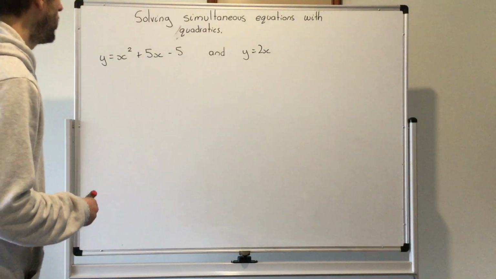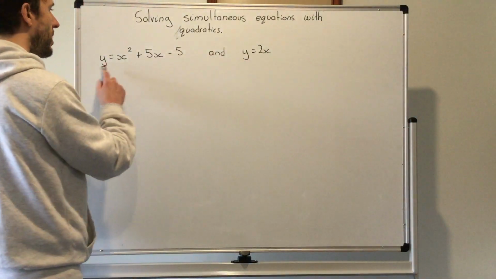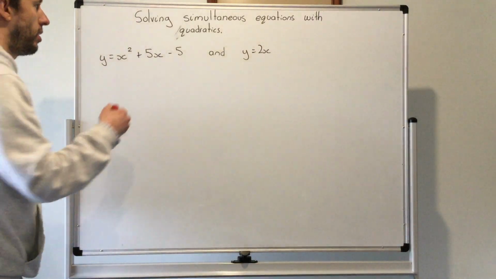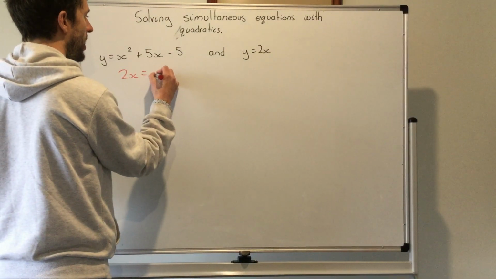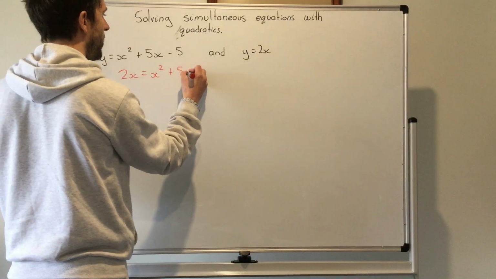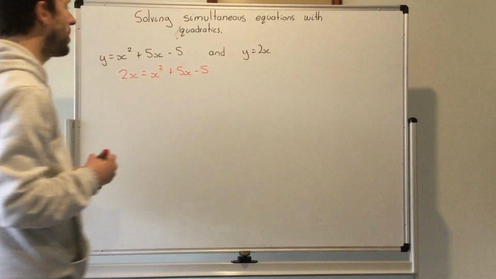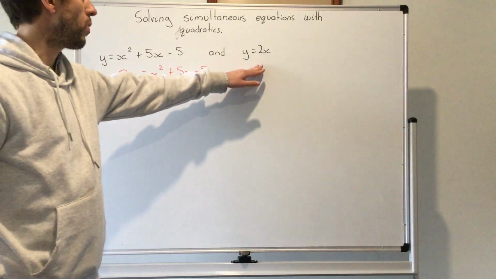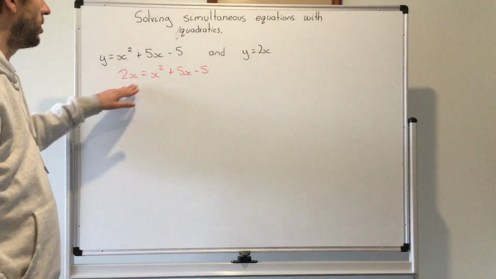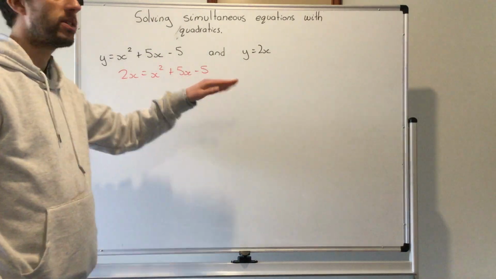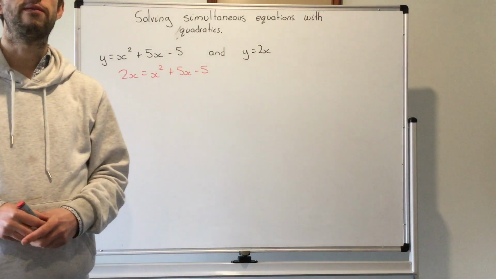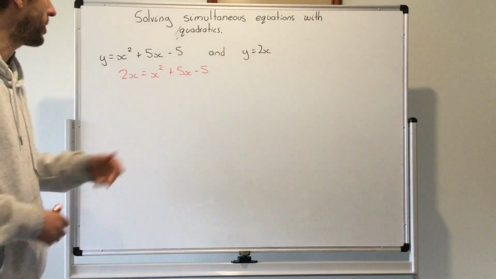So to start off, it makes it easy that they both equal y. So I can straight away go 2x equals x squared plus 5x take 5. I've substituted one equation into the other. Now, I want to get everything onto one side, so it's in the form of ax squared plus bx plus c.